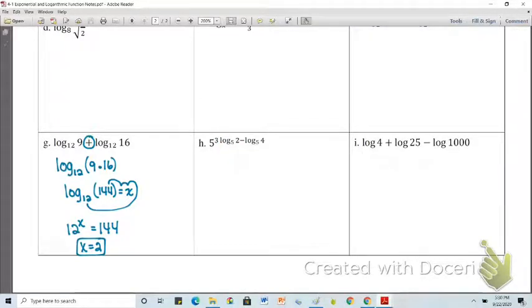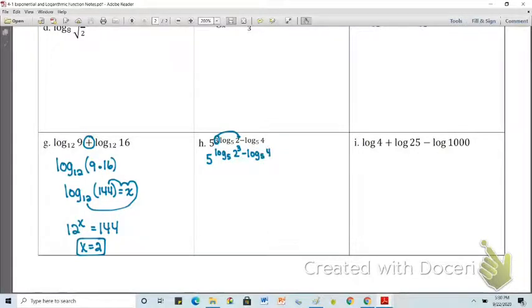So to do that, first things first, any number out front is going to move back to its spot as an exponent. So this becomes 5 log base 5 of 2 to the third minus log base 5 of 4.